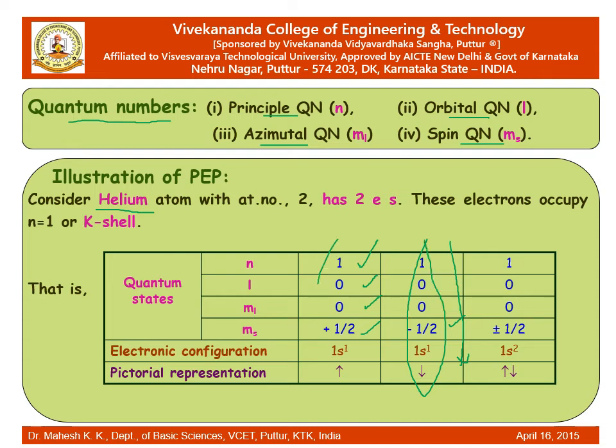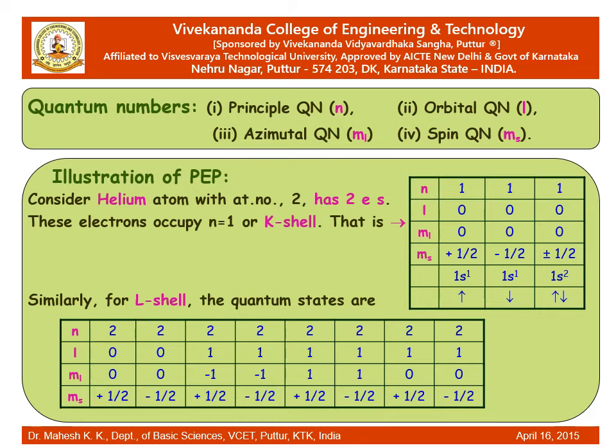If you consider along the columns, no two columns are equal. This column is not equal to this column, is not equal to this column, so each column is distinctively different. Similarly, for the L shell, N will be 2, so for the entire row the principal quantum number is the same. For the orbital quantum numbers you have 0 and 0 initially, and then 1, 1, 1 continuously, and ML similarly.